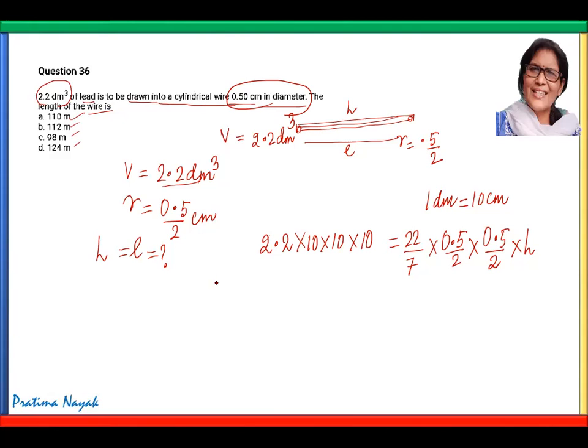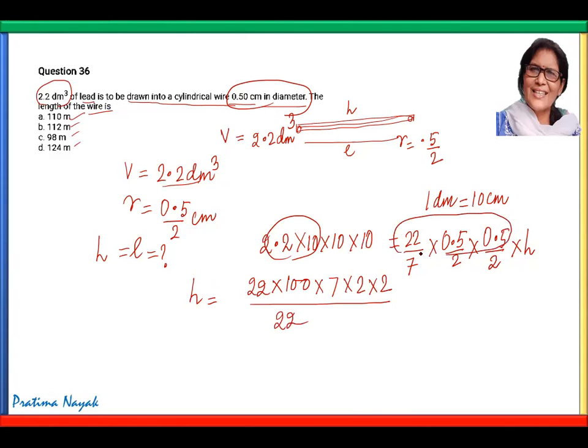You have to find your h. So h will be how much? 2.2 into 10, I can make it 22 into 100, and 7 I'll multiply in the numerator, 2 will multiply in the numerator, 2 multiply in the numerator. And what will be the denominator? It will be 22. This will be all denominator, because I have written 22 by 7 into 0.5 by 2, 0.5 by 2, into h is equal to your 2.2 into 10,000.